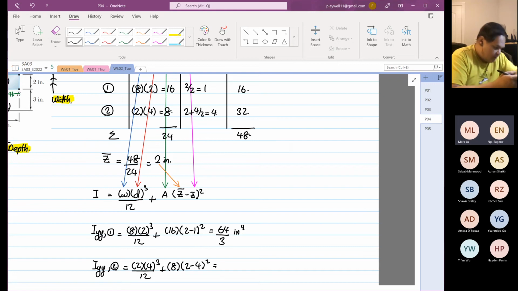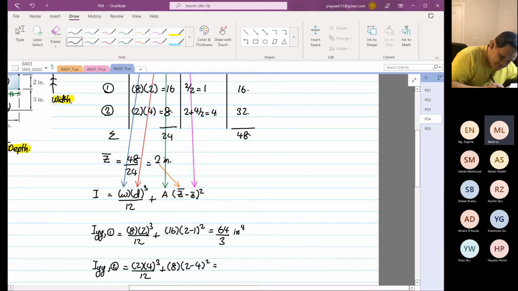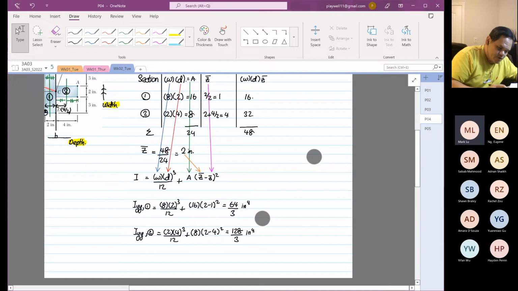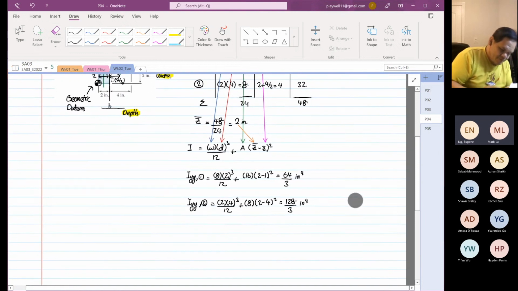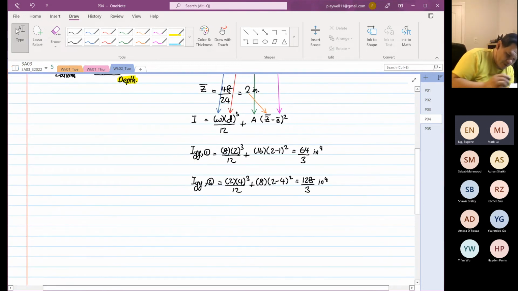So it's equal to 128 over 3. Okay. So by tabulating it this way, it's so much easier to calculate your second moment of area. Then finally, we can find your Iyy, which is equal to Iyy of 1 plus Iyy of 2.